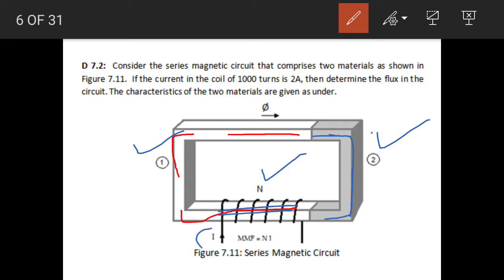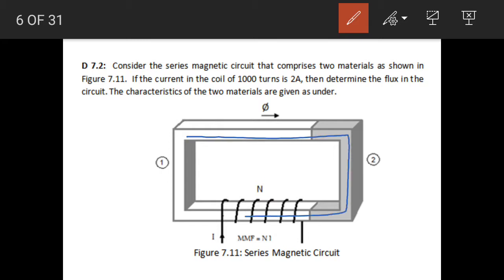There is a current of I ampere in this coil. The current in the coil will generate magnetic flux, and if we apply the right hand rule, the magnetic flux will circulate in the clockwise direction in this magnetic circuit. So we need to calculate the reluctance of magnetic material 1, the reluctance of magnetic material 2, the total MMF in this magnetic circuit, and then we can calculate the magnetic flux.